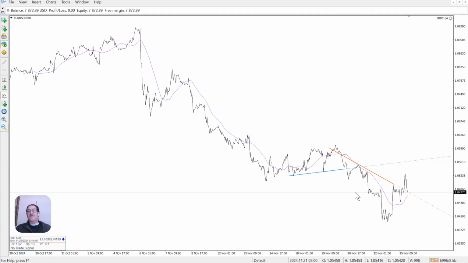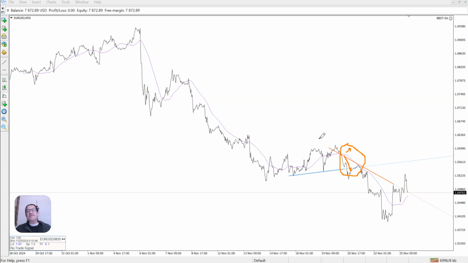That's it. For example, if I go back a little bit and I look, right around here, this area right here, you can tell that while price is below the trend line, however, the 50 SMA is above the trend line.